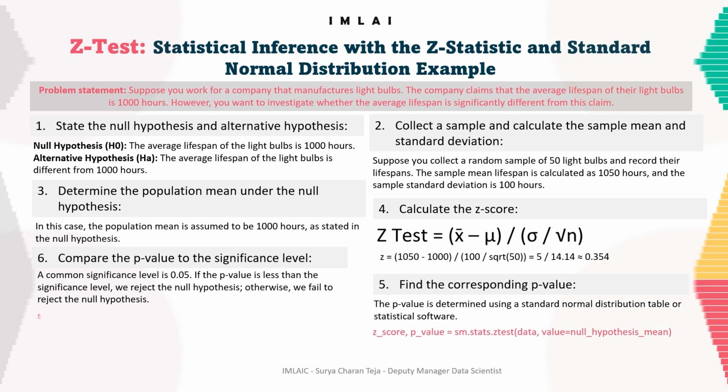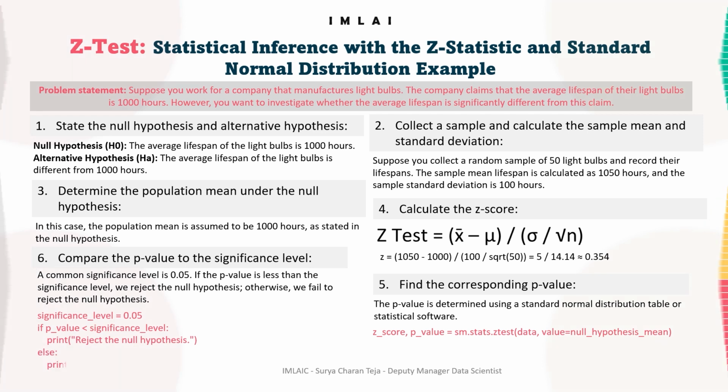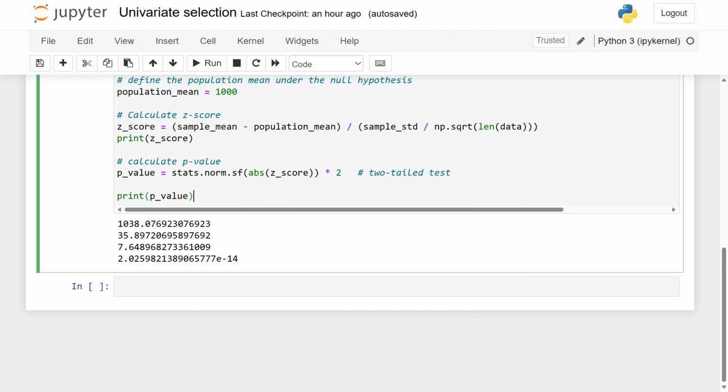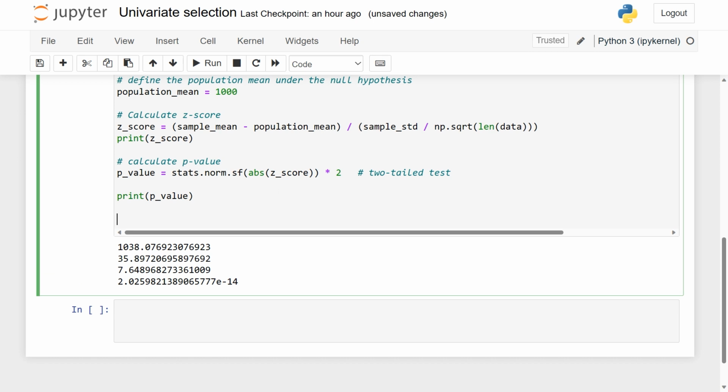So let's look into our example. Obviously, we'll take up the significance value, and if the p-value is lesser than that, we have to reject the null hypothesis. Let's get back to our work now. So now it's time to finish with this.